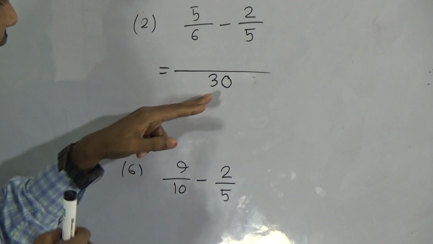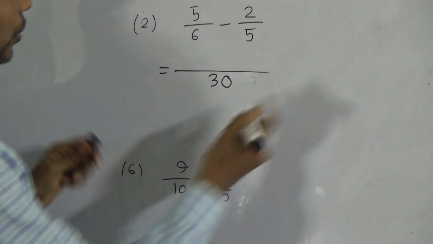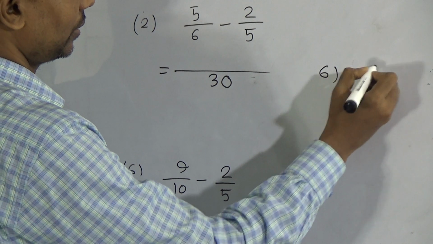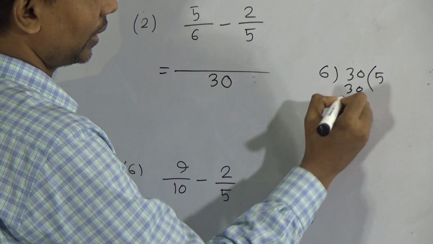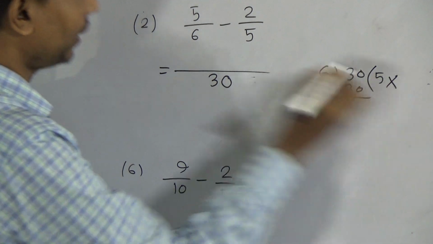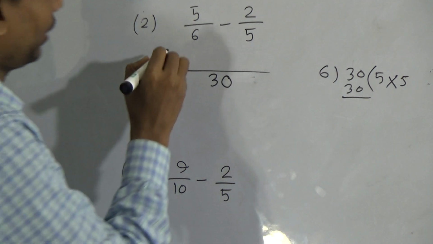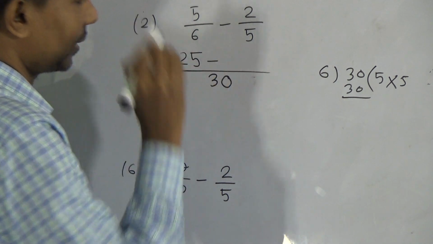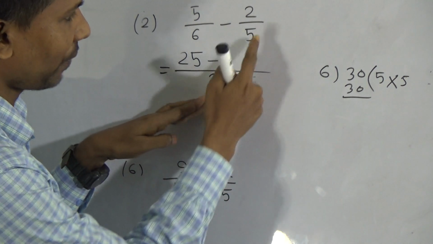Now you have to divide this 30 by 6. Then you get 5. Now multiply 5 with 5, that means 25, minus. Similarly, you divide 30 by 5.